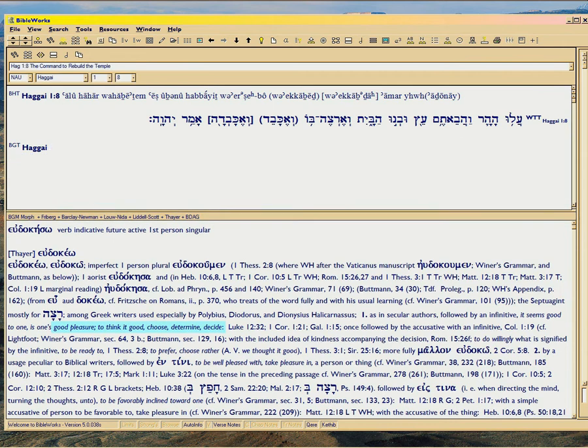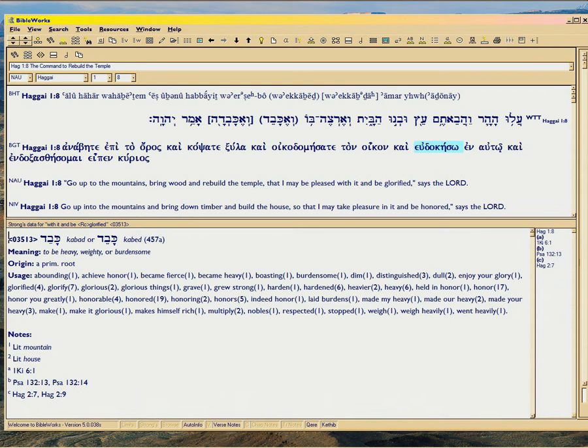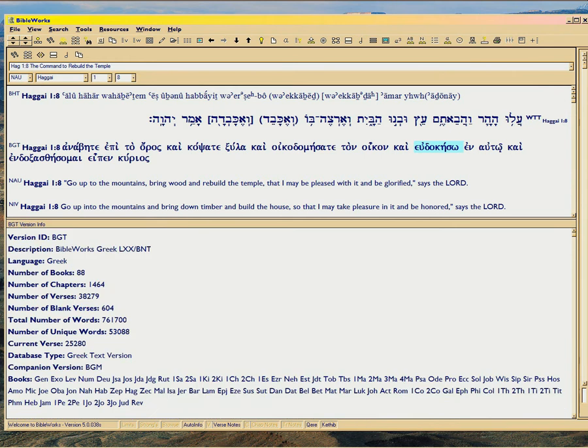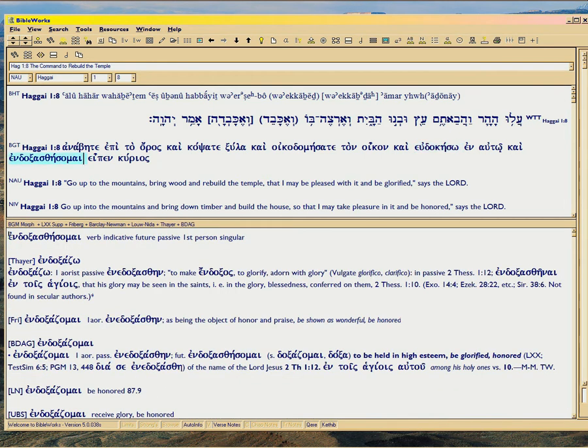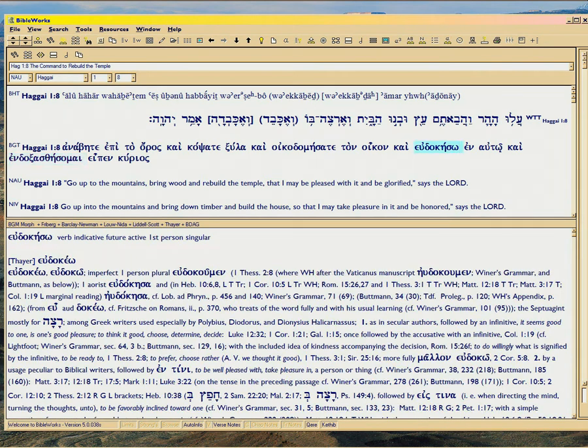God is saying, so I can be pleased. There you go. Ratzah. And then glorified, that's kabod. But it's translated, and again, we have to use the LXX because that's what's being referenced, as we're going to see in the Gospels. They're looking at the LXX when they say this. So we're looking at eudokao, and it means to have a good opinion. See, we thought it good.